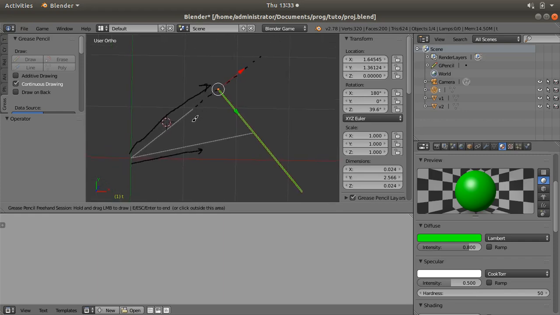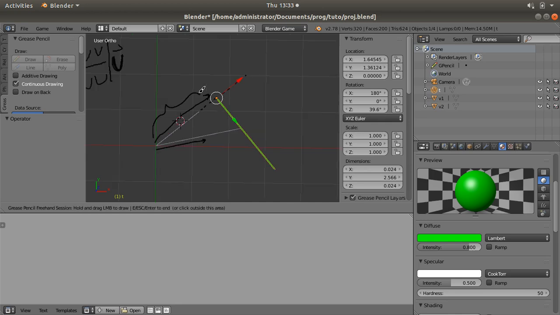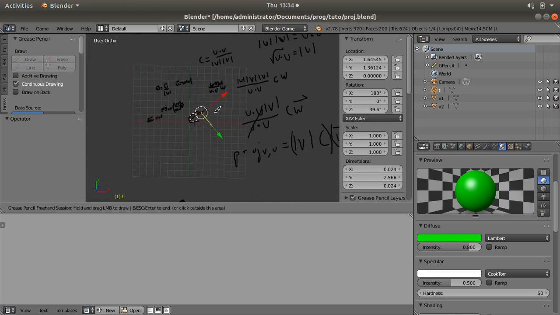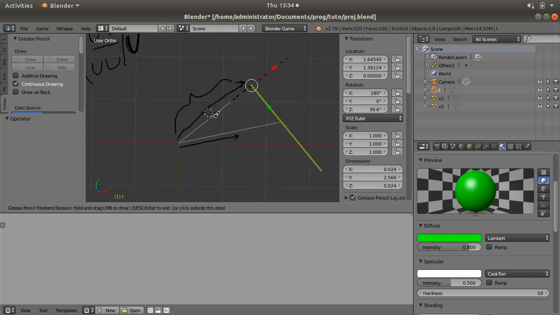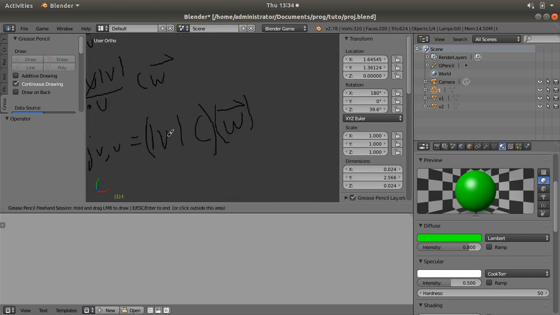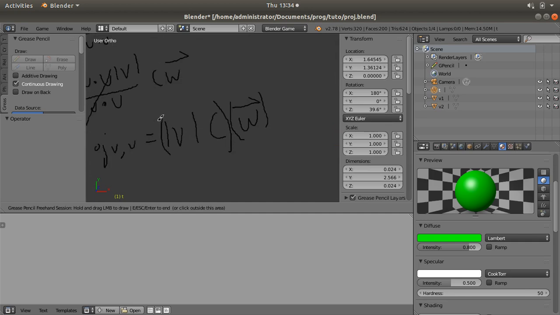So this length here, well, it doesn't matter, but that's the magnitude of the new projected vector.